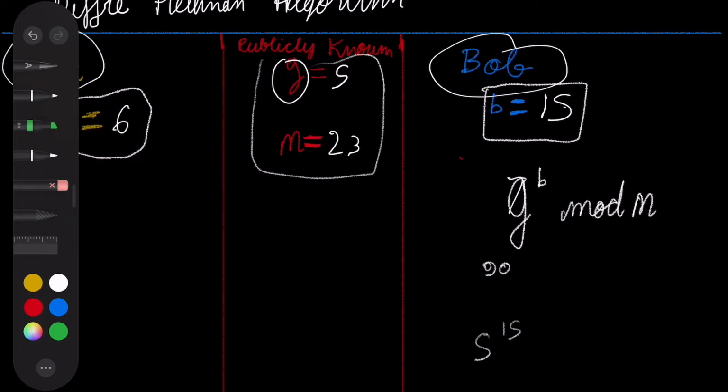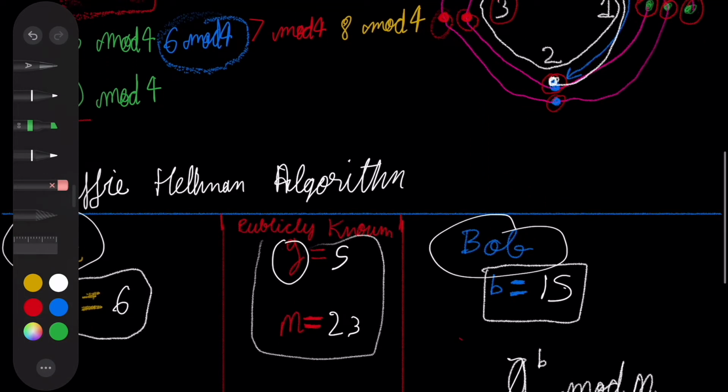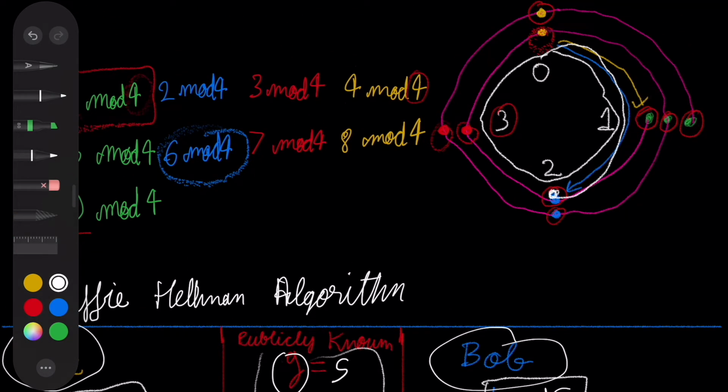Next, what we add is N. So earlier I told you about this circle. If I chose 4, there will be four possibilities for G to the B mod N and G to the A mod N. So it will make the work easier, but N is humongously large, and it is really difficult to decode.